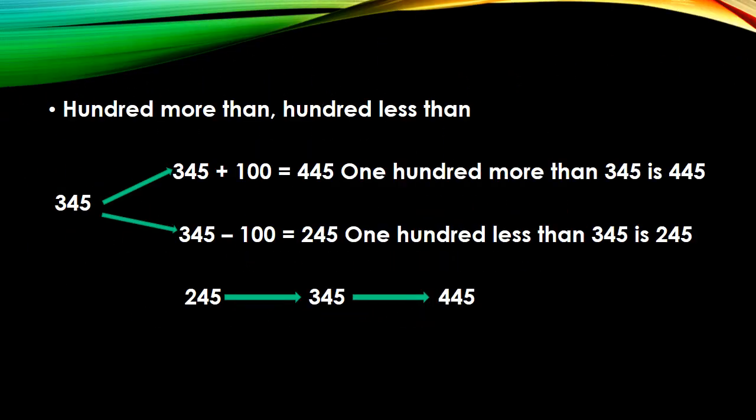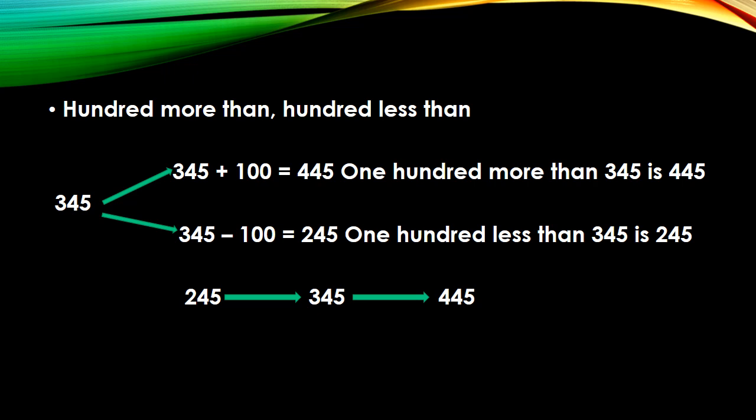100 more than and 100 less than. 345 plus 100 equals 445. That means 100 more than 345 is 445. 345 minus 100. If you subtract 100 from 345, that will become 245.